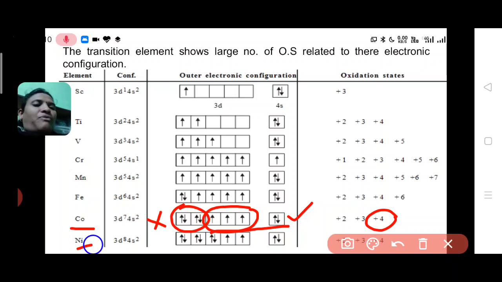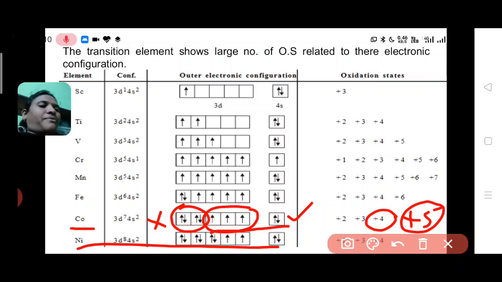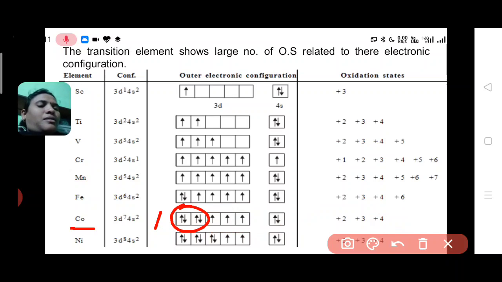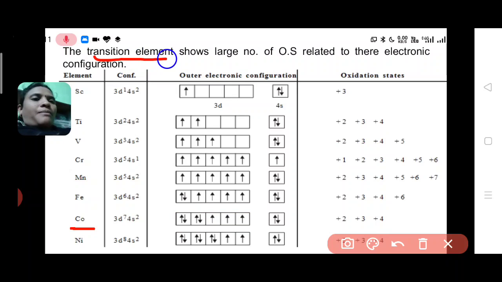Same way for nickel also. See, the +5 oxidation state is also acquired by cobalt. So the maximum oxidation state of cobalt is +5. So in this way, it is said that the transition elements show a large number of oxidation states related to their electronic configuration.